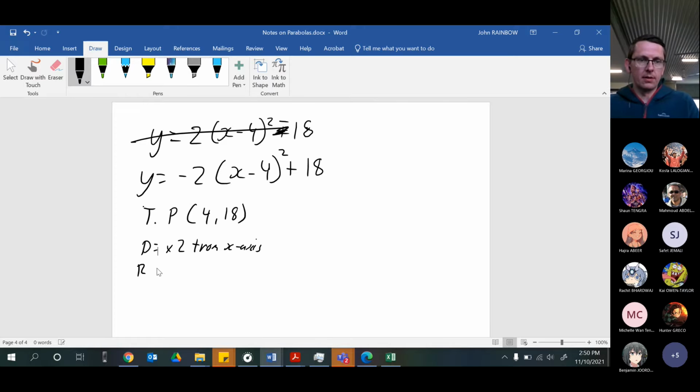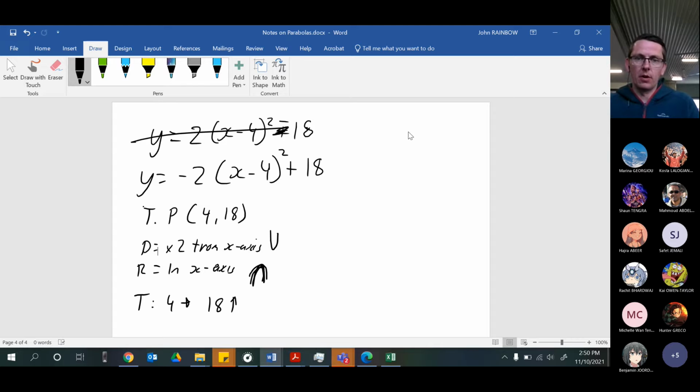It's been reflected in the x-axis because of the negative. Therefore, it's going to be like that. So it's made it narrower, and then it's made a narrow reflected graph. And then it's been translated 4 units in the positive direction of the x-axis and 18 units up.